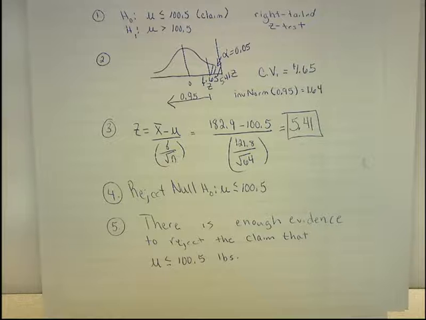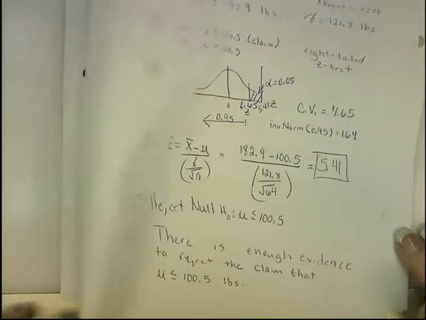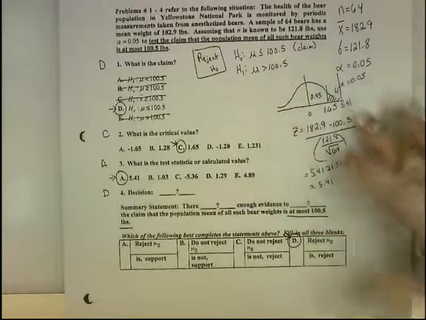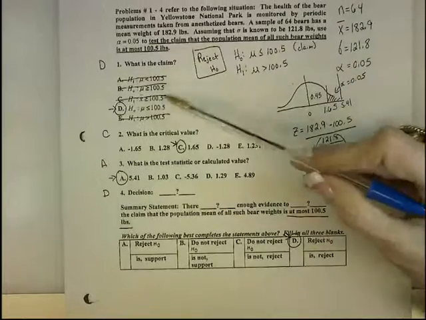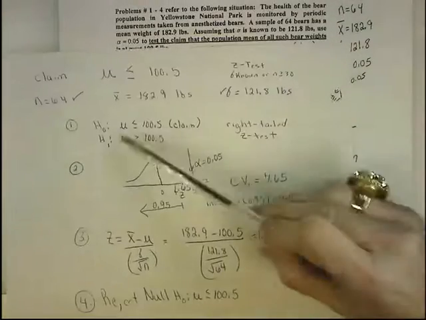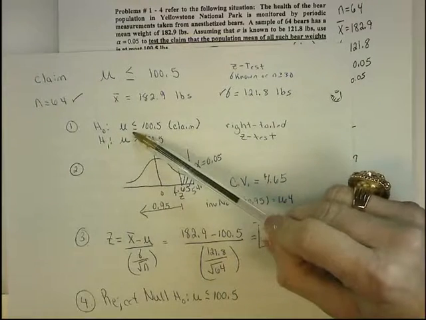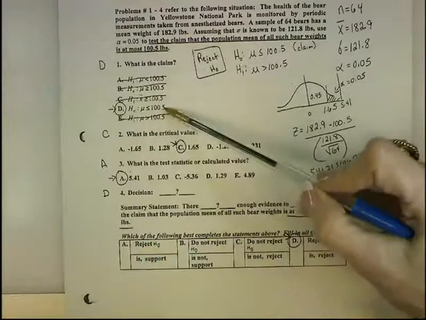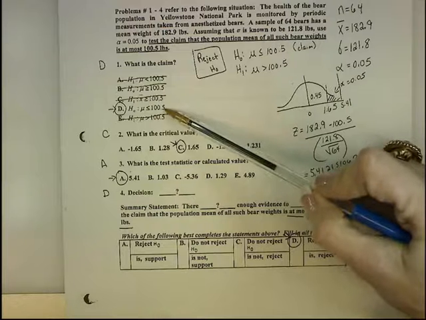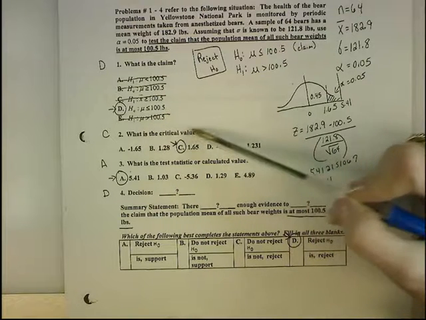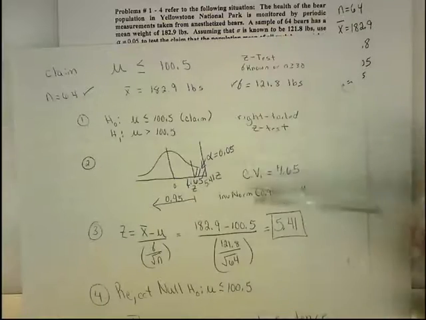Let's answer the questions before I show you the p-value method. First question: what is the claim? The claim is the null, and it says less than or equal to. So let's look for that here, and that is D. What is the critical value? We did that here.